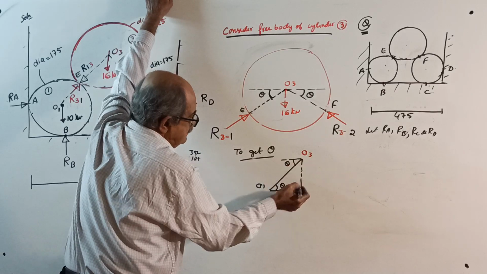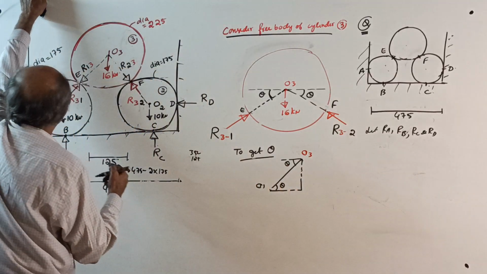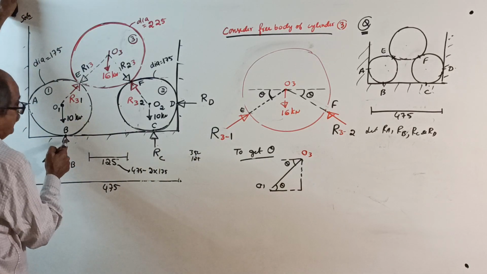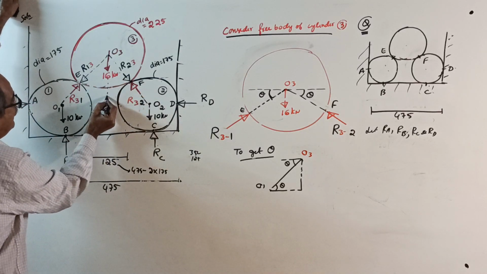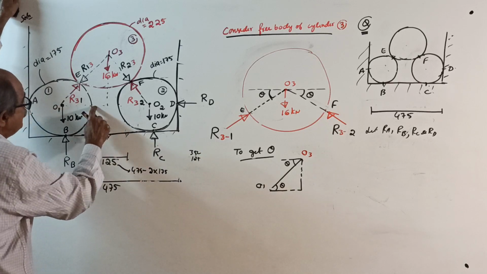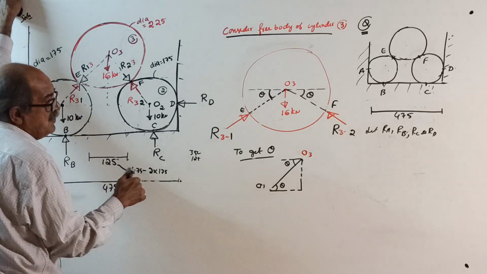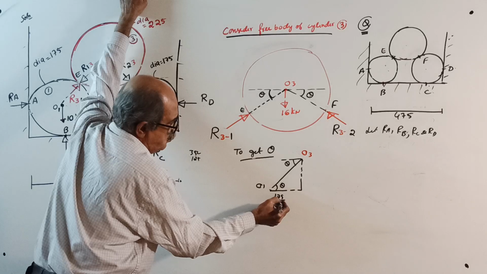Now, how much is this distance? You can see here, from O1, correctly observe. It is this radius plus half the gap. The radius is 175 by 2, which is 87.5.